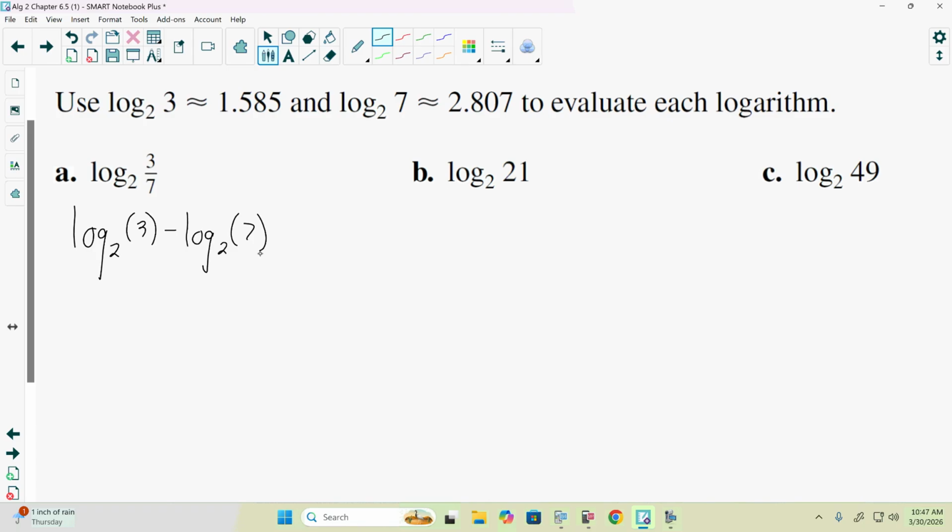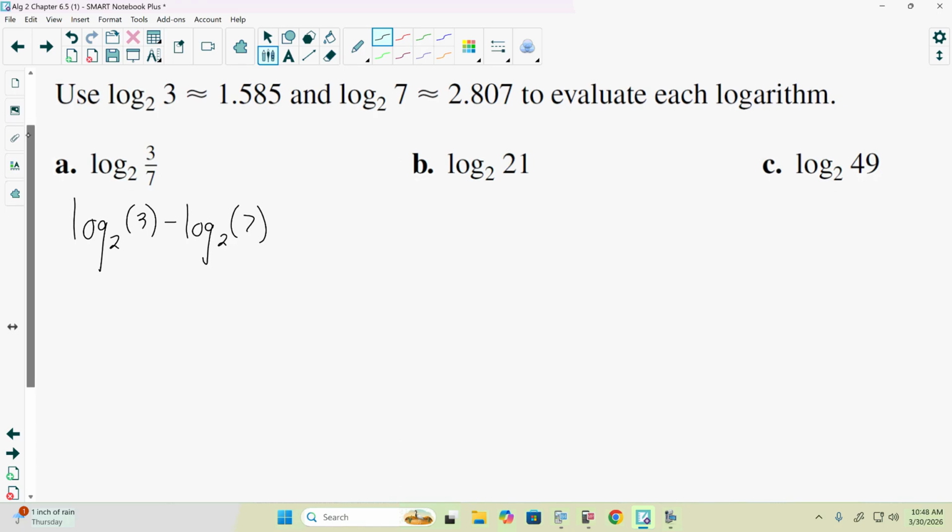Quotient property says if we have two things being divided inside of a logarithm, we can rewrite it as two logs being subtracted. Now they told us log base 2 of 3 is 1.585.